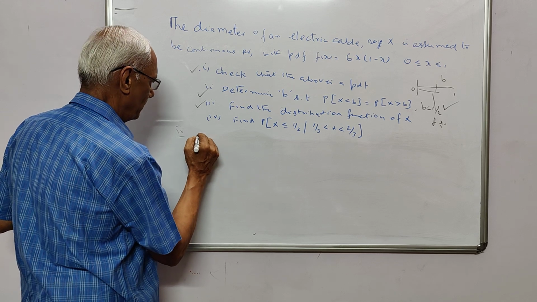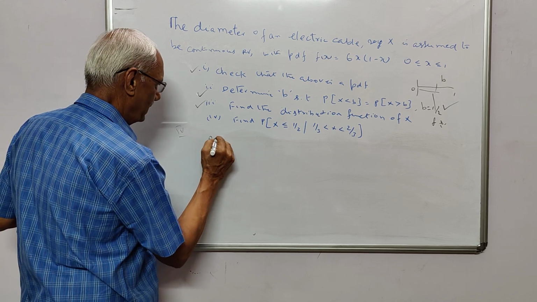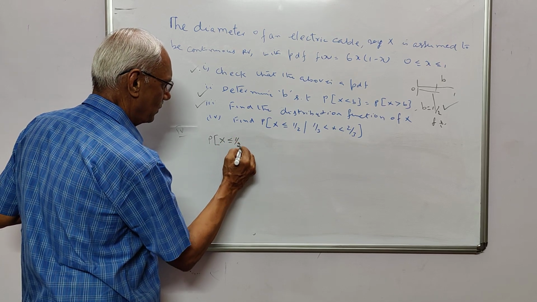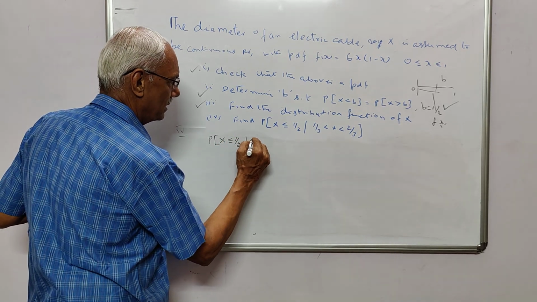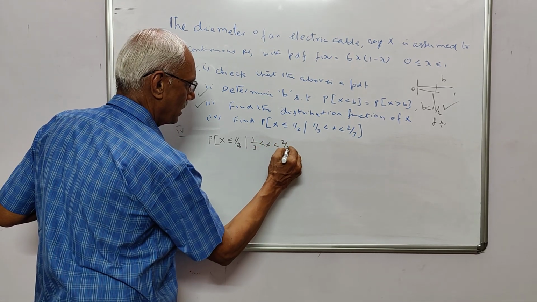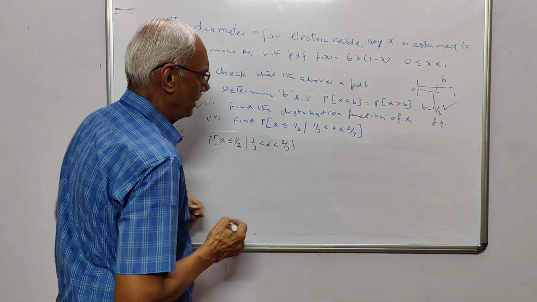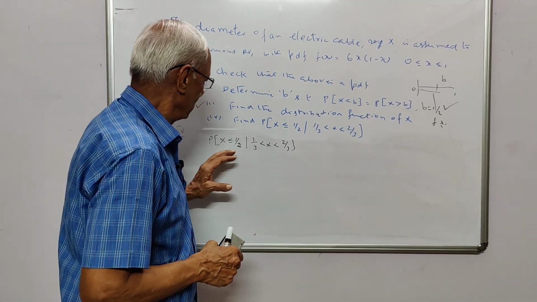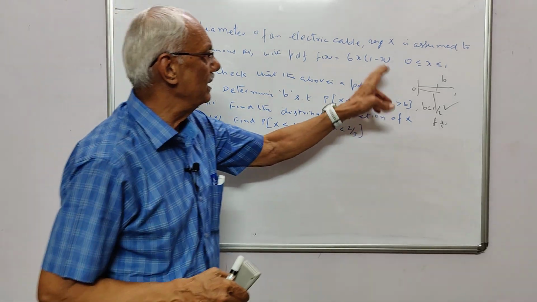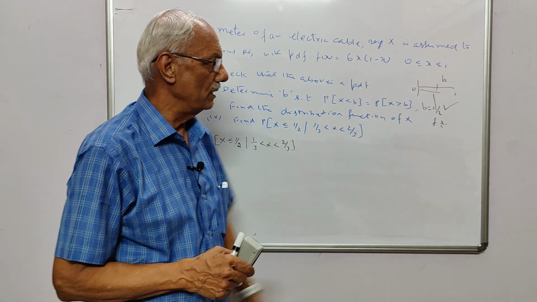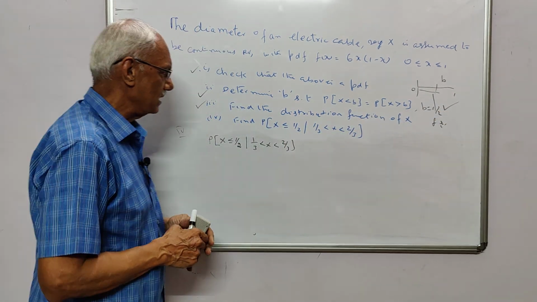See, what is P of x less than or equal to half given this? You know that x is a random variable here, moving over this 0 to 1, and you are asked, can you see this?